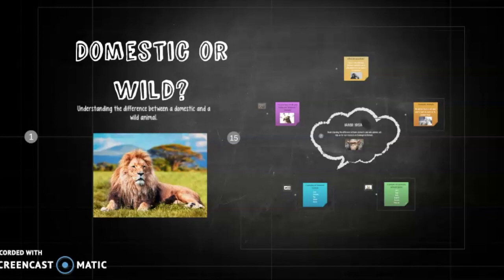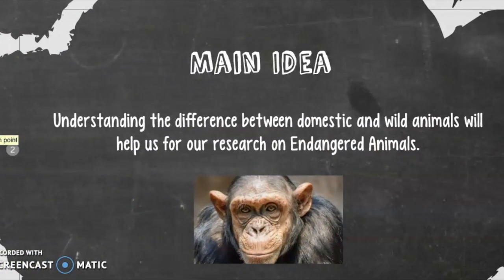Let's learn a little bit more about the difference between a domestic and a wild animal. The main idea behind this activity is that understanding the difference between domestic and wild animals will help us on our research on endangered animals. So let's go.